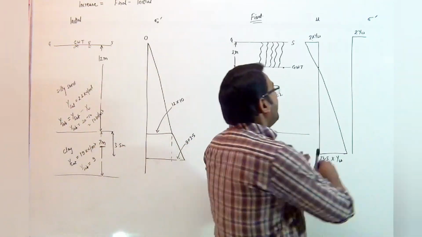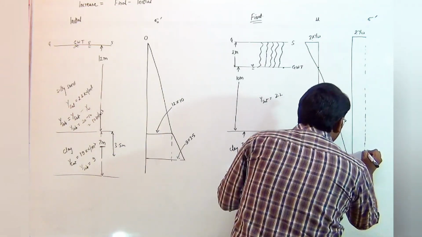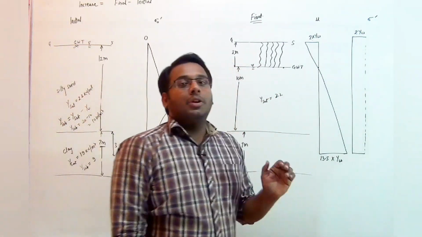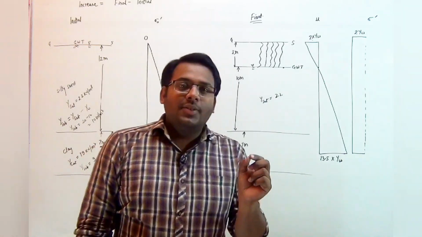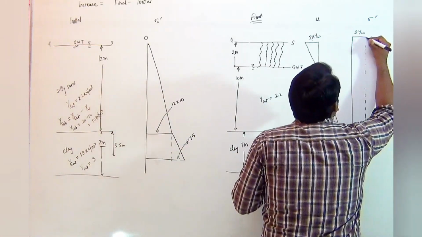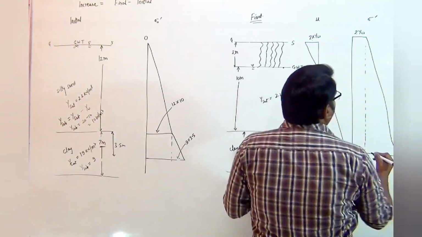So hence we are starting after the value of 2 gamma W. Below that the soil is saturated, the effective stress will increase by a value of gamma submerged, and hence the graph will increase linearly at a rate of gamma submerged.